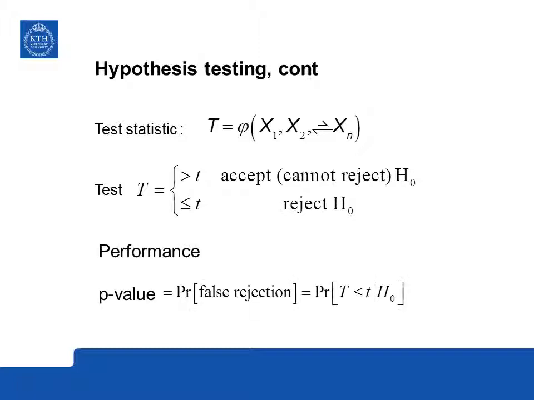The performance of such a test is measured in terms of something called a p-value. The p-value is defined as the probability of false rejection. This is the probability that we decide to reject the hypothesis, even though the hypothesis is actually true.